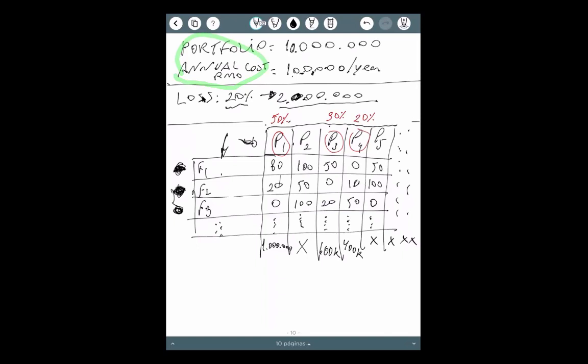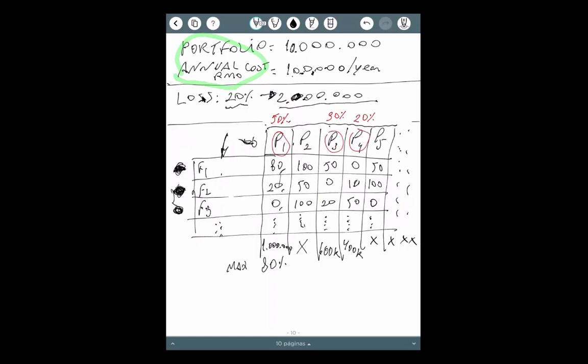So the result will be 80%. Why? Because each function is an independent event. So I can't sum. I have to take the highest one, the maximum, okay? So 80%, 20%, 0. The maximum is 80.